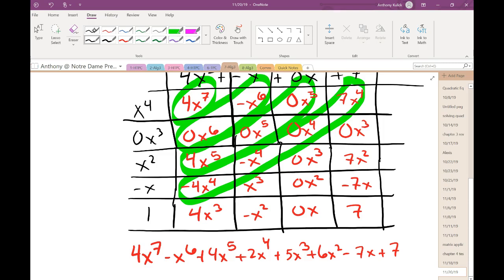So the main strength of this multiplication method is just the organizational aspect of it, right? It's kind of hard to mess that up if you can get the initial setup done correctly. Is everybody okay with that idea?